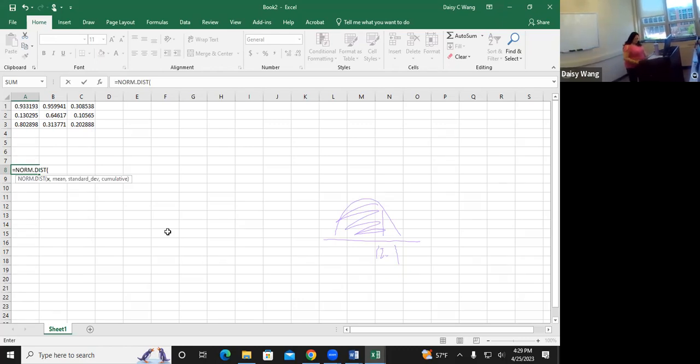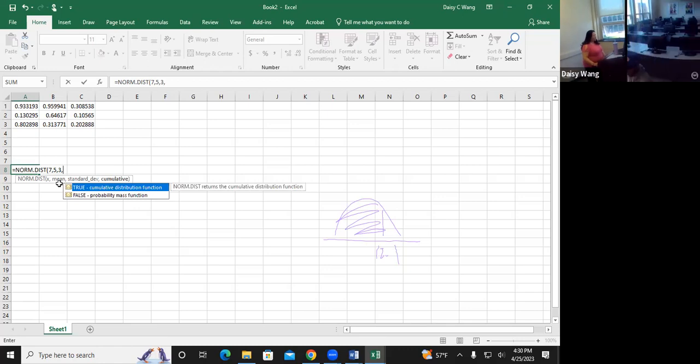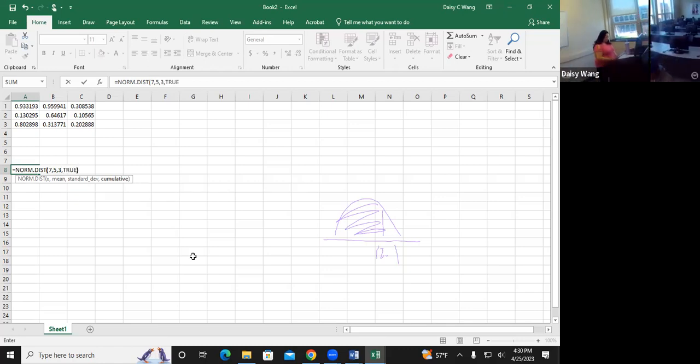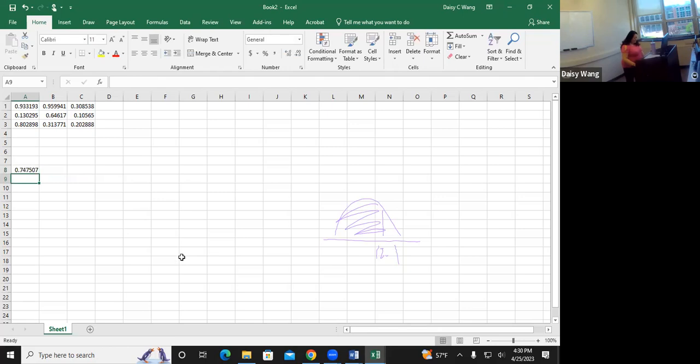So X will be 7, and then the mean will be 5, and the standard deviation will be 3, and then cumulative. So this will be the probability, which is 0.7475, close to 75% of people lost less than 7 pounds.